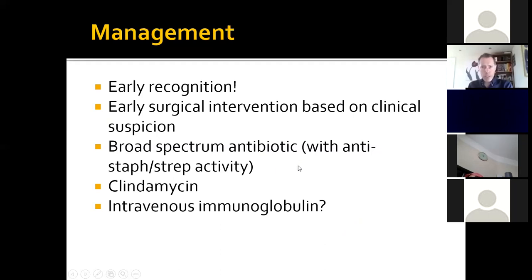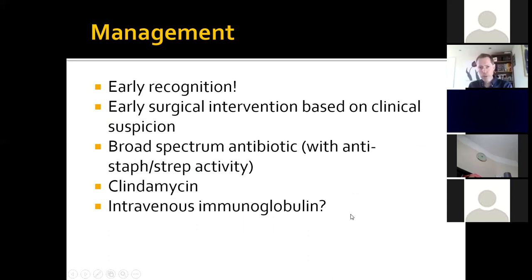Broad spectrum antibiotics are recommended. It's usually due to group A strep, but there are other organisms that can cause it. You must make sure that your antibiotics have anti-staph and anti-strep activity, because the differential might be a staphylococcal infection as well. We use clindamycin because it has an adjunctive effect in suppressing the production of bacterial toxins, all those proteases that I was talking about earlier.